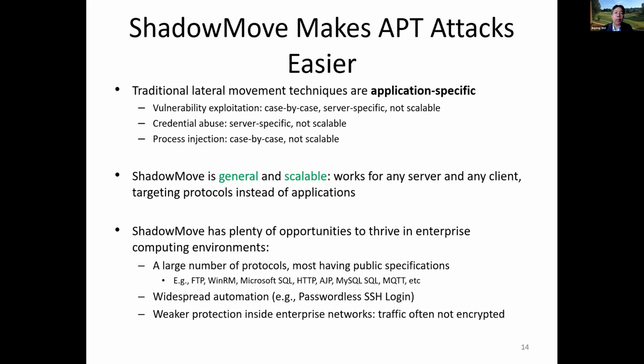Also, there is a wider spread of automation and weaker protection inside the environments. For example, passwordless SSH login, and people don't use encryption inside the enterprise, because they think every node inside the network should trust each other. So there's no need for encryption and decryption, because people want higher performance. But all of this actually makes it easier for ShadowMove.